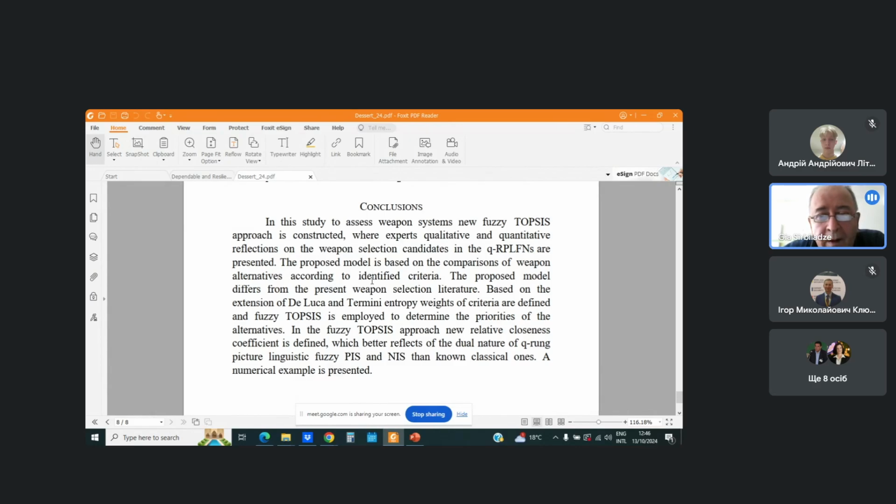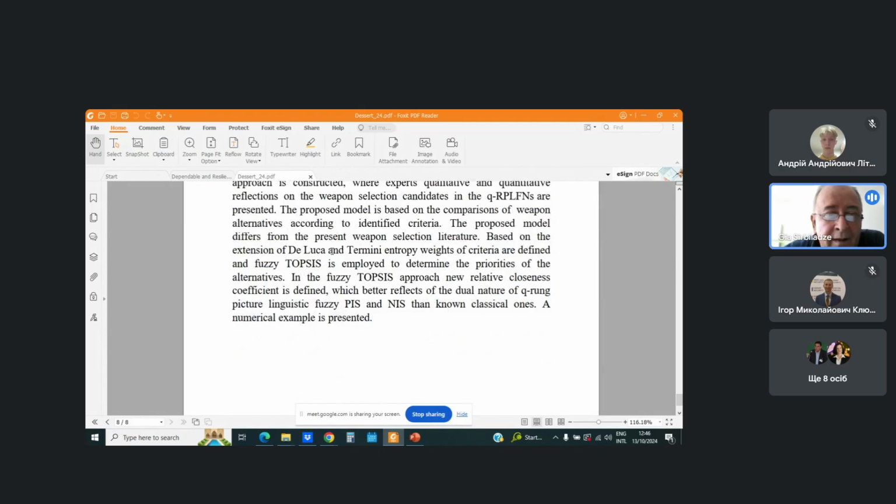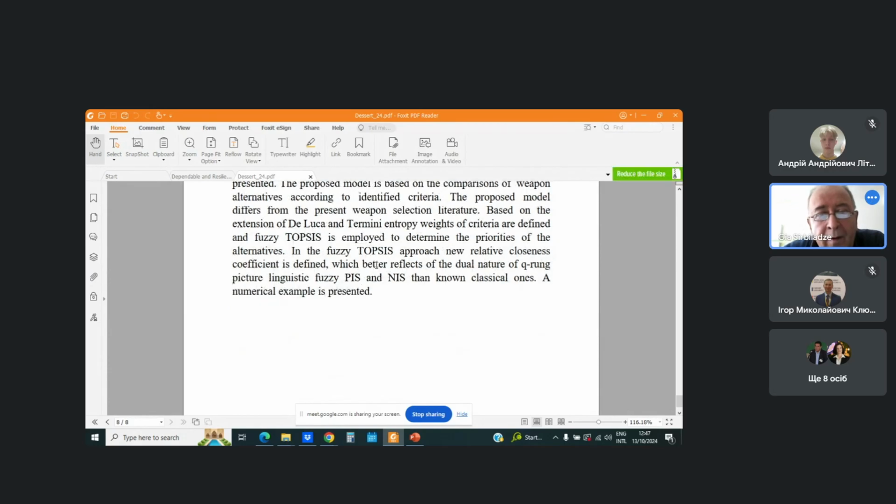We have to calculate the weights, and this is done by an extension of the De Luca-Termini entropy principle. And so by this, the problem of weapon selection is solved by this model. I finished, that's all.